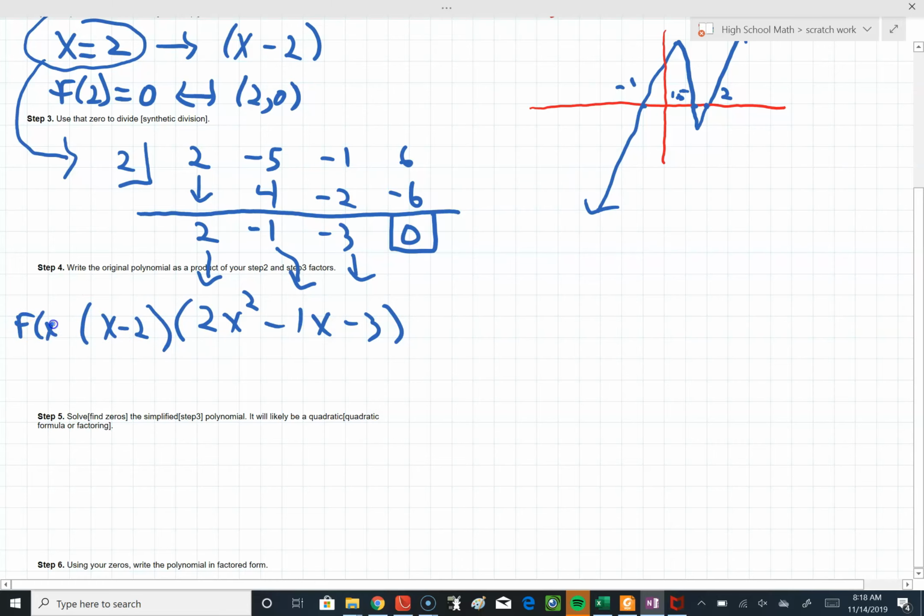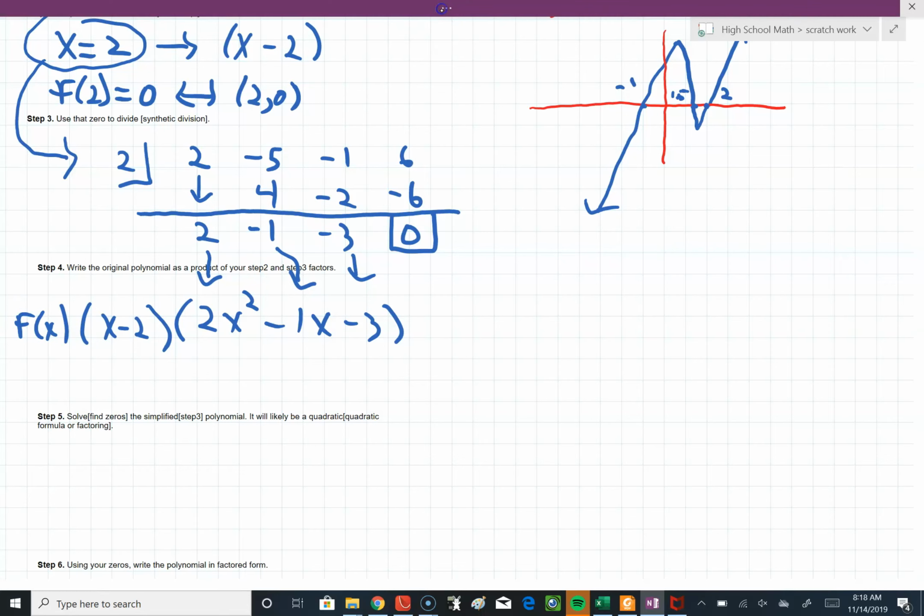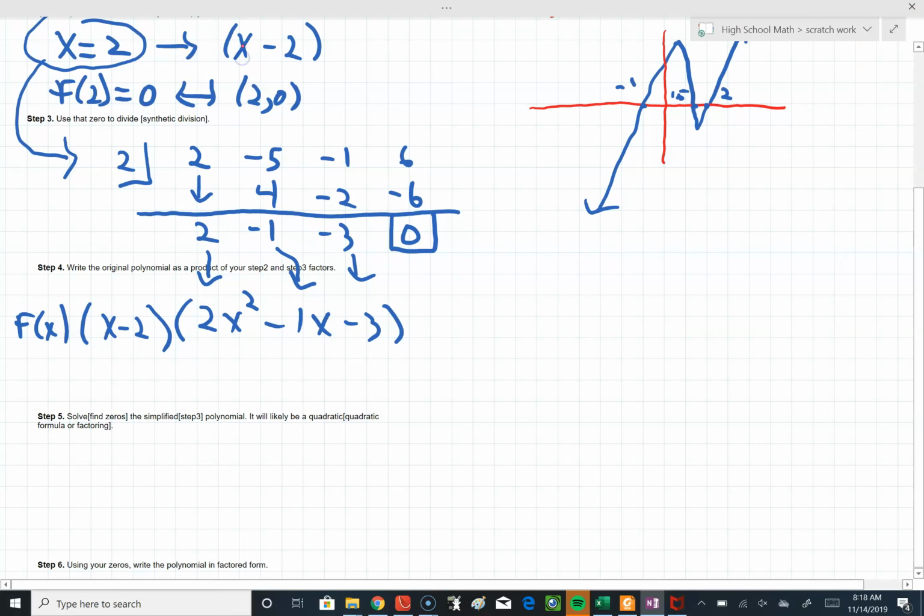I'm going to rewrite that just for the sake of showing. The original function was f of x equals 2x cubed minus 5x squared minus 7x plus 6. Questions?